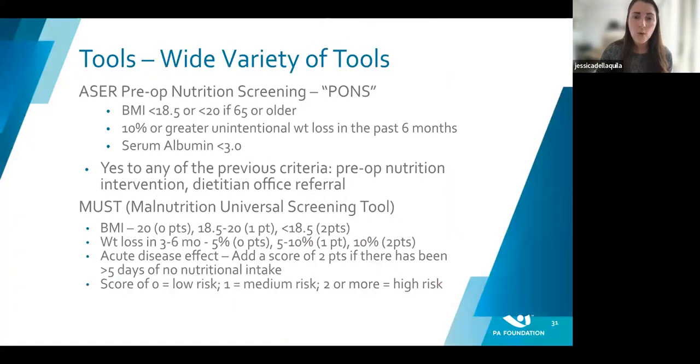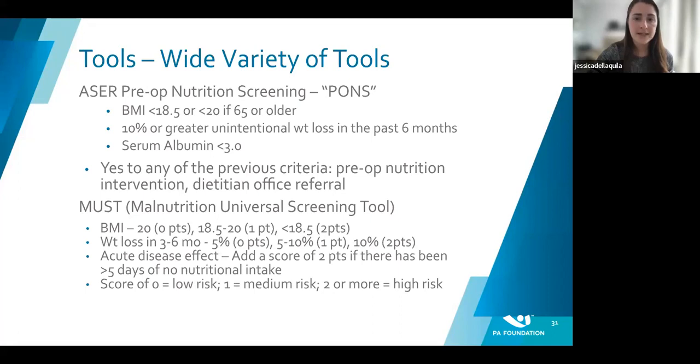And again, there are a variety of screening tools. PONS has a pretty popular one. This one is used mainly in surgery in a preoperative setting. So it goes over BMI, albumin, and then the discussion of unintentional weight loss. And then the malnutrition universal screening tool is one that's more so used in primary care.